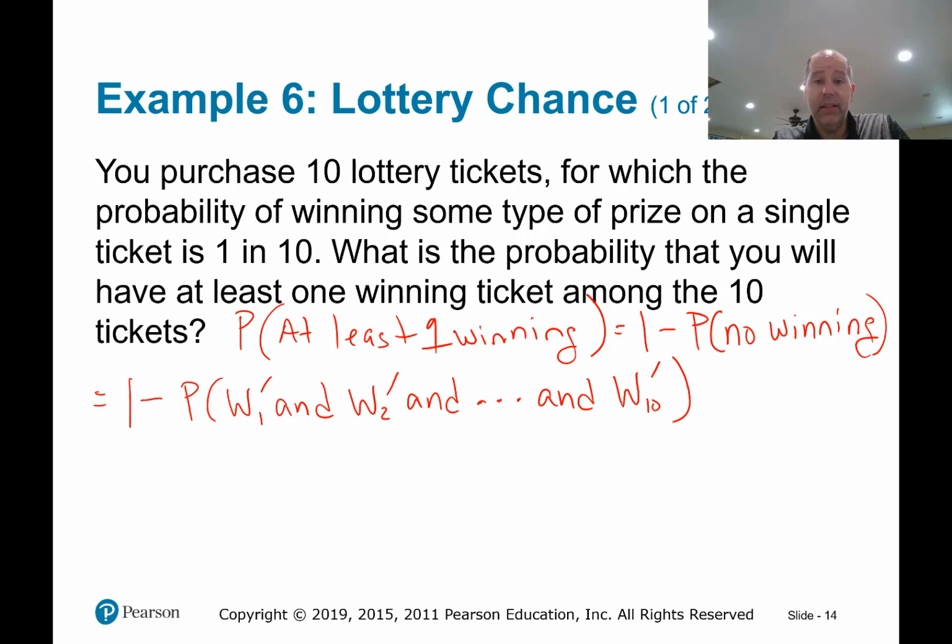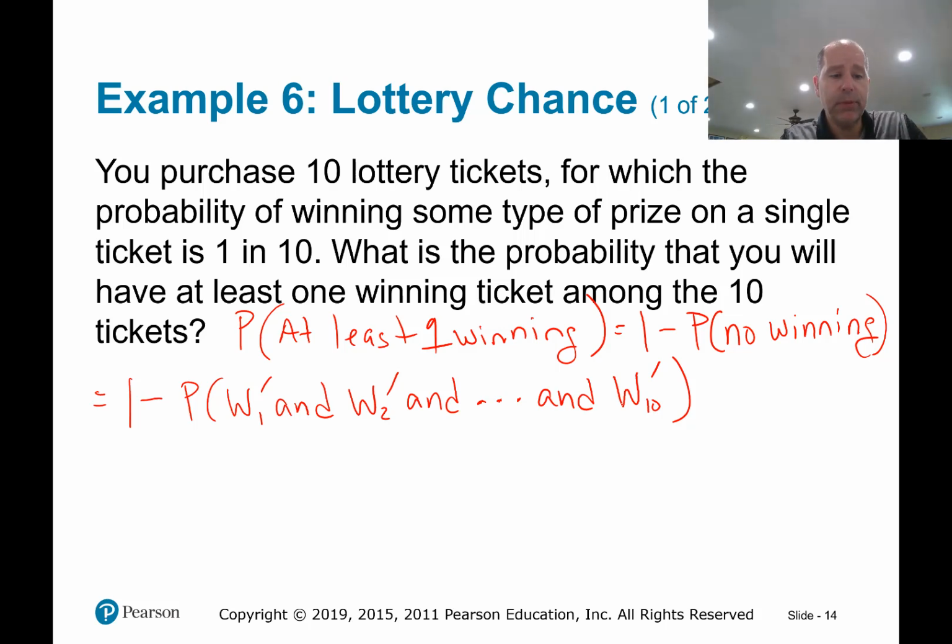Each ticket is looked at as its own independent event. Whether one ticket is a winner or not doesn't affect the probability of any of the other tickets being winners. And the reason is because all the tickets are chosen at random.